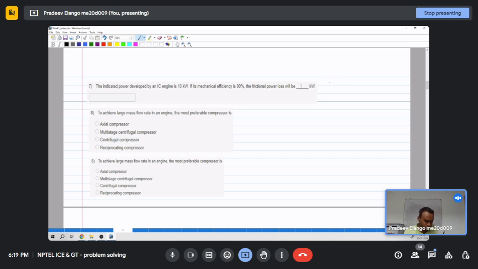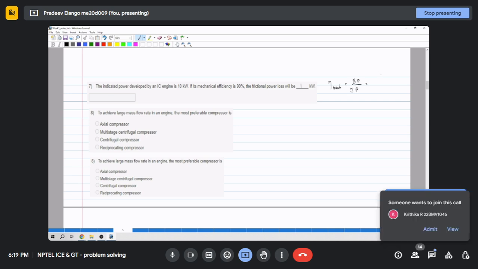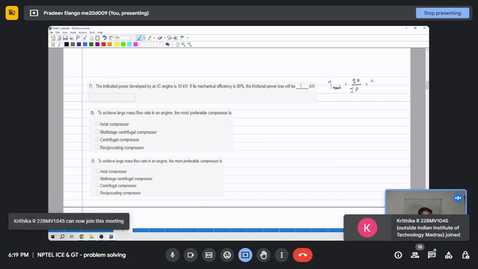How? Mechanical efficiency is brake power by indicated power, and brake power can be written as indicated power minus friction power, divided by indicated power.